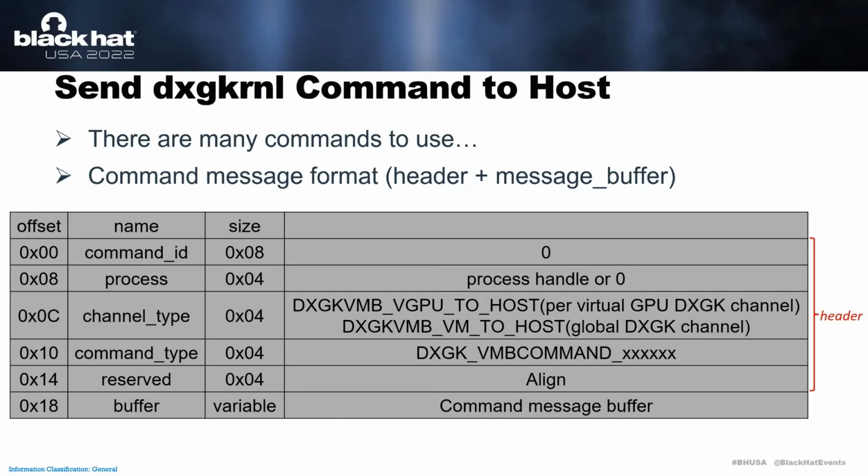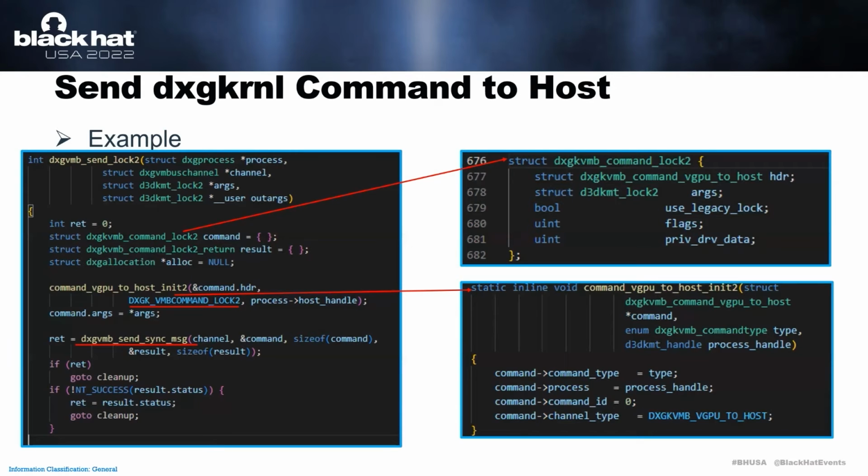The channel type determines whether it is a virtual GPU channel or a global channel. And the command type determines which command to send. For example, the DxgkVmbSendLog2 function sends the DXGKVMB_COMMAND_LOG2 command to the host.